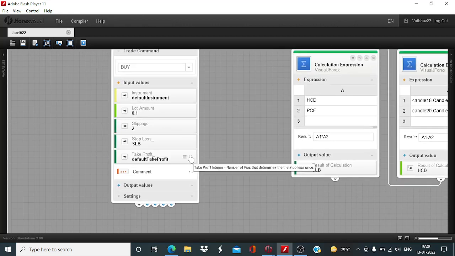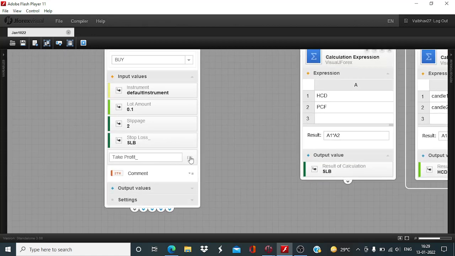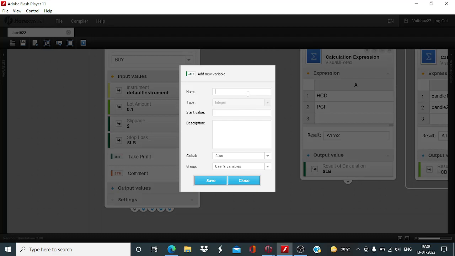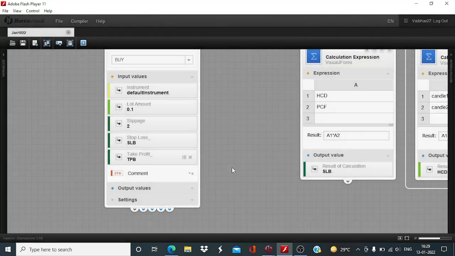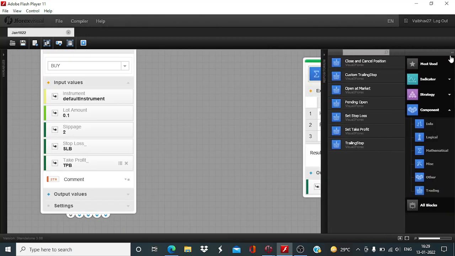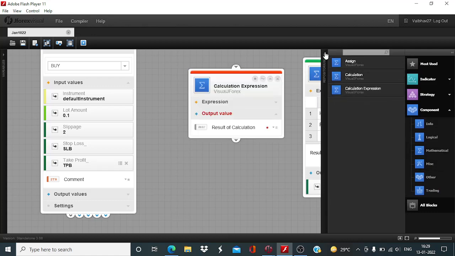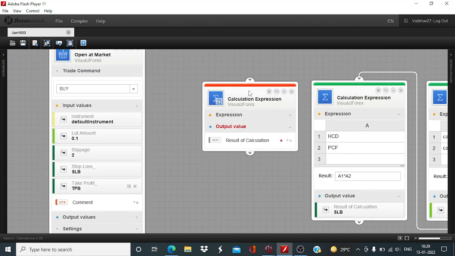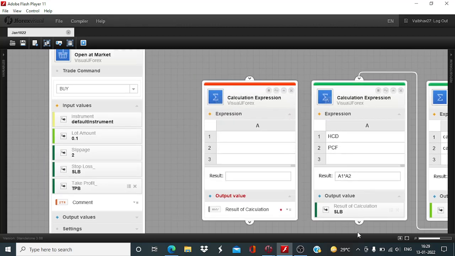Take profit, in this case also we have to define a new variable. I will name it EPB, and it is going to be simply twice of the stop loss. So all we need to do is take one more mathematical component. Here it is.